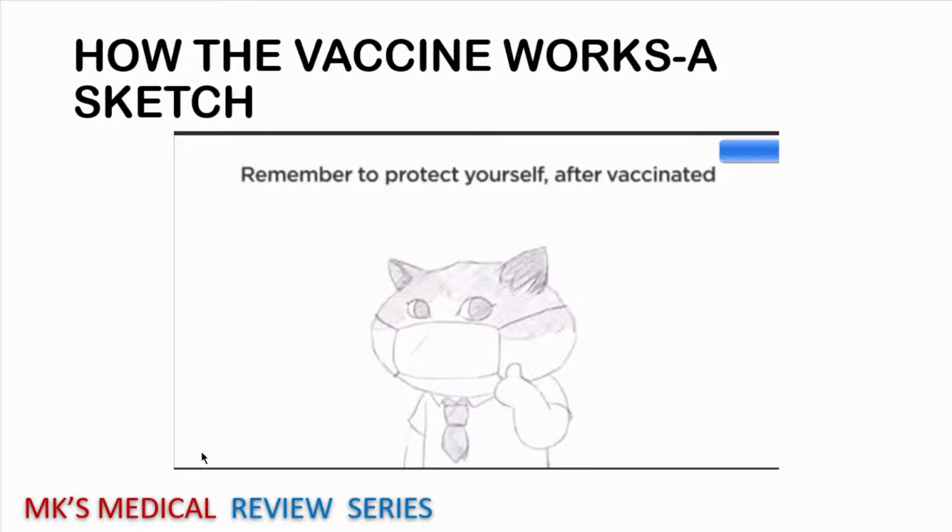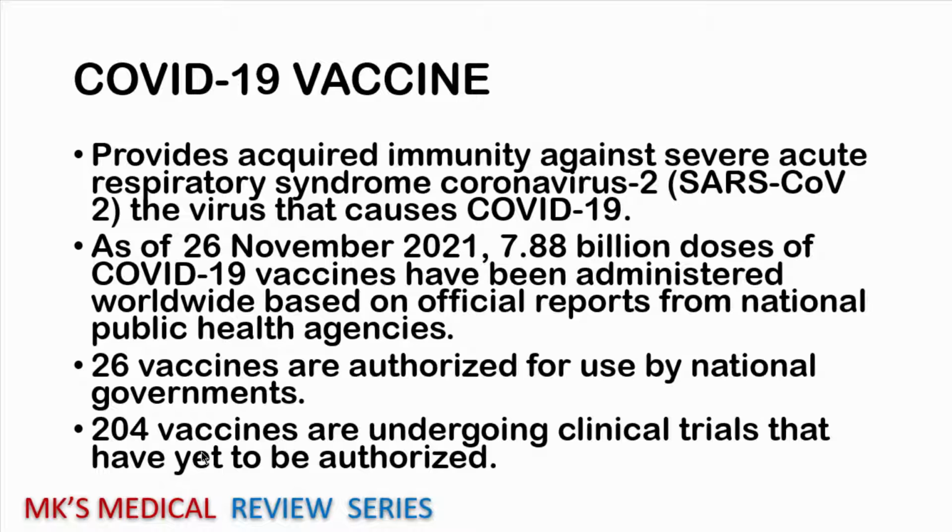I hope that actually explains how vaccines work, and so we can go on with the discussion. Getting back to our COVID-19 vaccines, remember that these provide an acquired type of immunity against severe acute respiratory syndrome coronavirus 2, which is known to cause COVID.